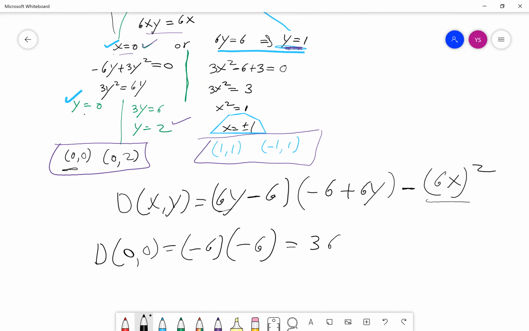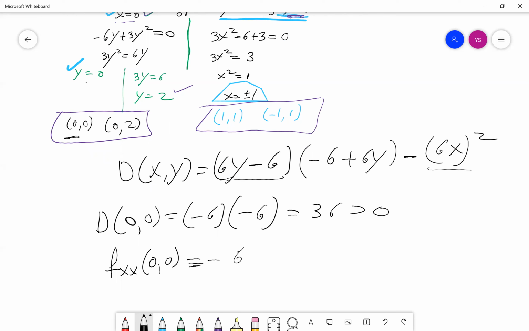So what's the partial xx of 0, 0? That's this, and that's going to be negative 6, which is less than 0. And if it's negative, we know it's concave down. So we are at a maximum.